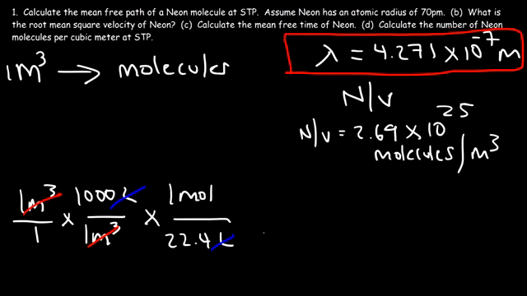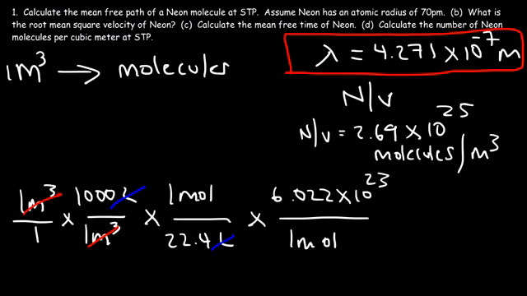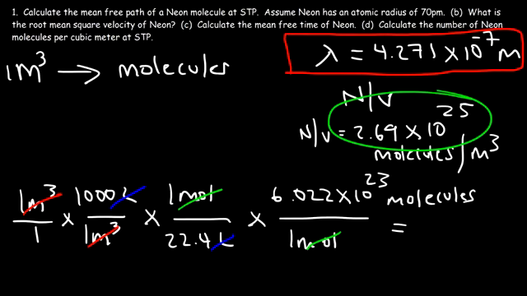And then we could use Avogadro's number to convert from moles to molecules. So 1 mole is 6.022 times 10 to the 23 molecules. So if you take 1,000 divided by 22.4 and then multiplied by 6.022 times 10 to the 23, this will give you the same answer, 2.69 times 10 to the 25.